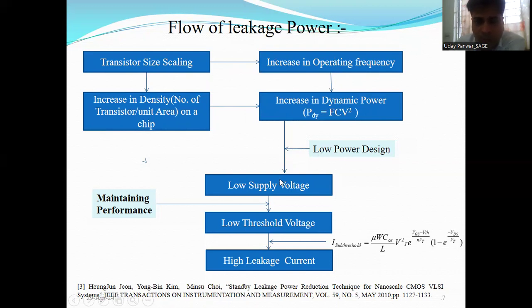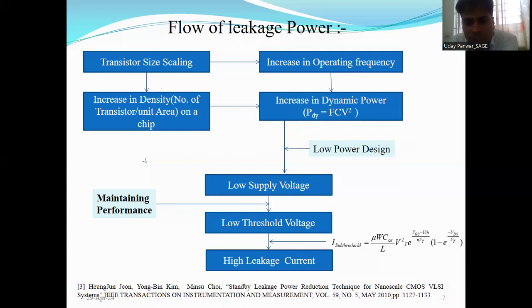Low power design means low supply voltage. The supply voltage of the chip will be reduced. To maintain the performance, suppose we are working on a 10-volt IC, and at the same time we are also working on a 2-volt IC. The 10-volt IC and 2-volt IC have different current carrying capability.